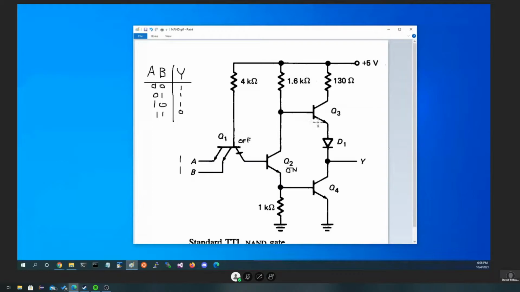What's the state of this transistor right here? Okay, because we brought this voltage down, and in order for this to be on, we'd need to be at least 2 diodes higher.